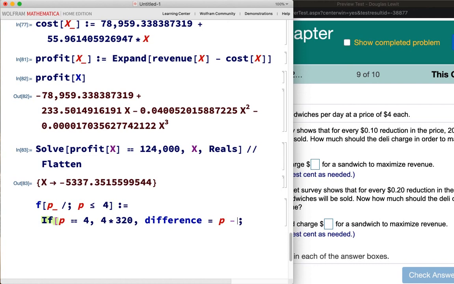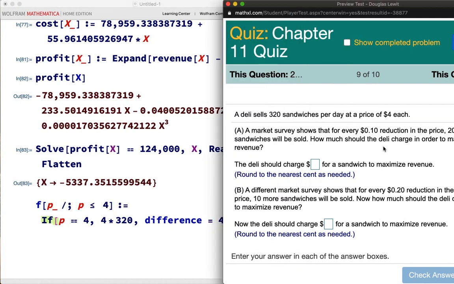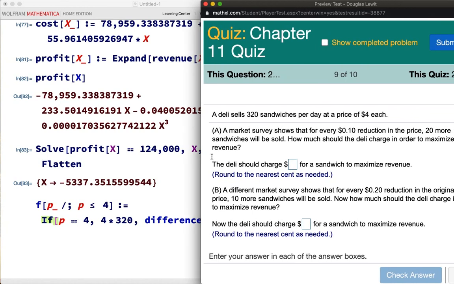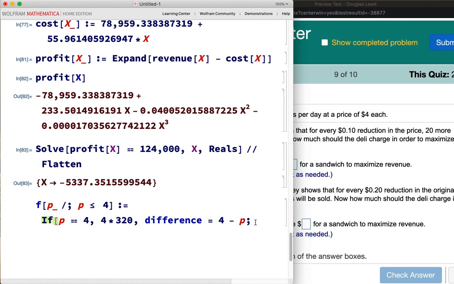So let me see here. This would actually be 4 minus P. So that's going to be the difference because I'm reducing my price by 10 cents. So 4 minus P.